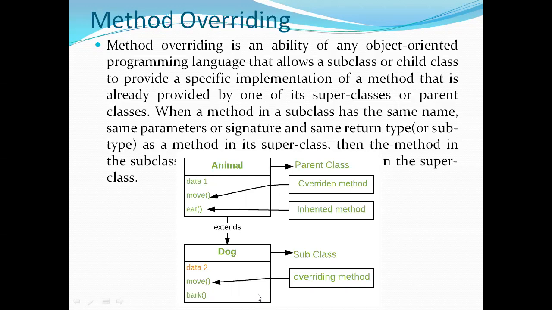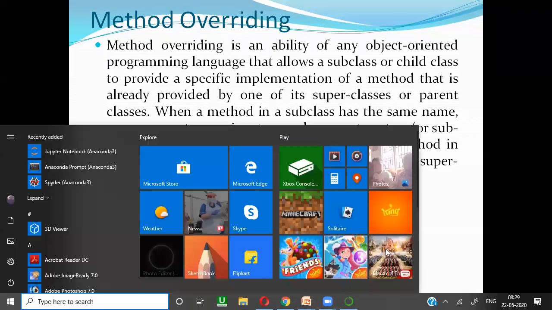If the same method is mentioned in the child class too, we call that method overriding. Here move is in animal, and dog also has a move method, with the same name, same number of parameters and same return type. The inner logic may be different. So that concept we call method overriding. Okay, so we go with one example.